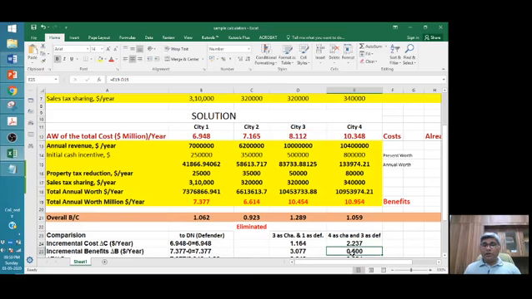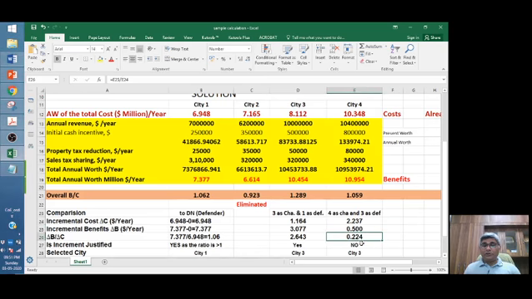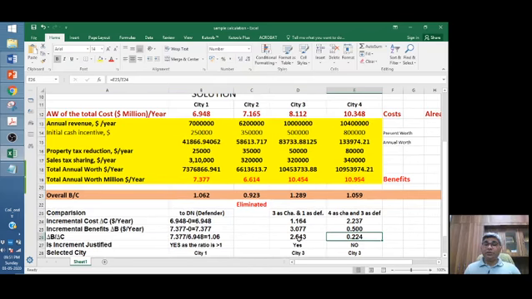Similarly, the incremental benefit difference will be this minus this. It will be 0.5, and if I compute the ratio, it comes out to be less than 1. That means if it is less than 1, the higher cost option is not selected. That is, the challenger is dropped and we continue with the defender. Here the defender is city 3, so the option is again city 3.